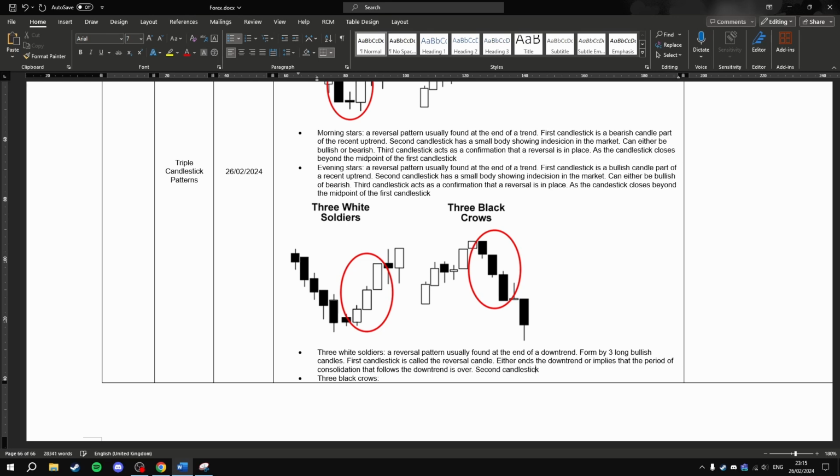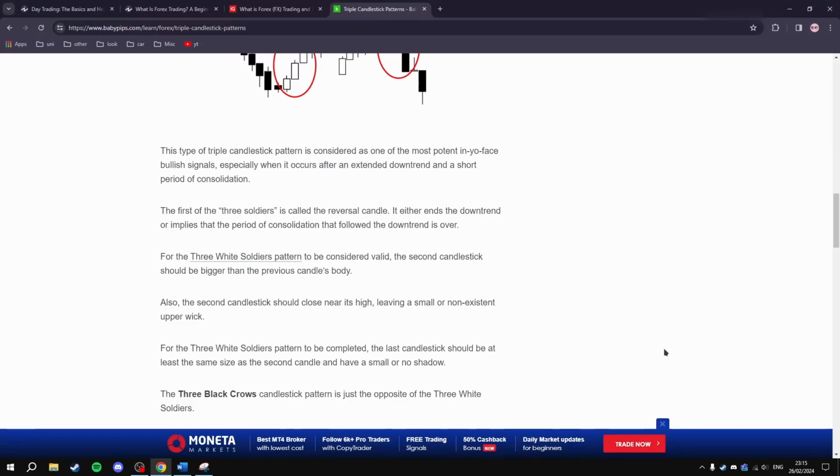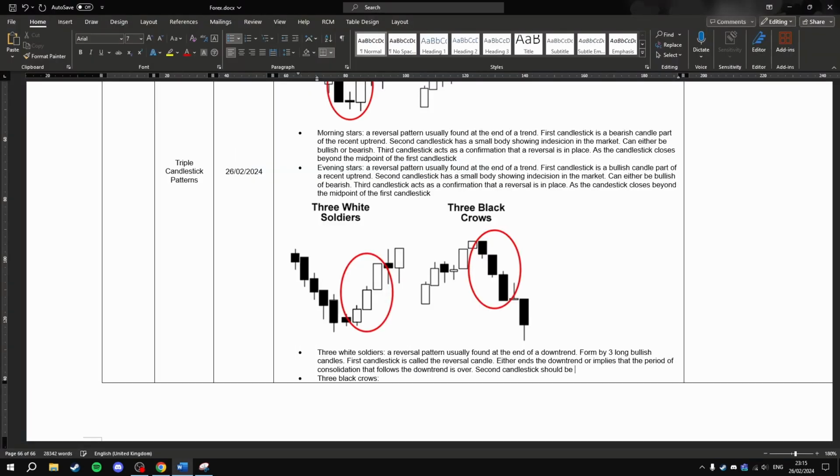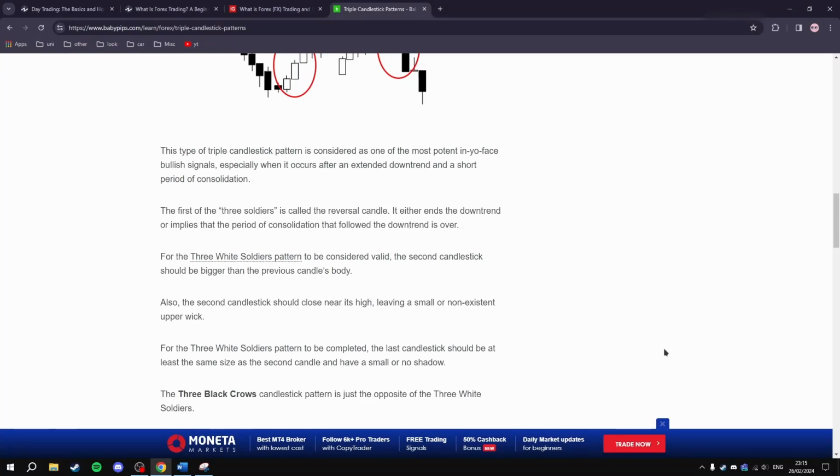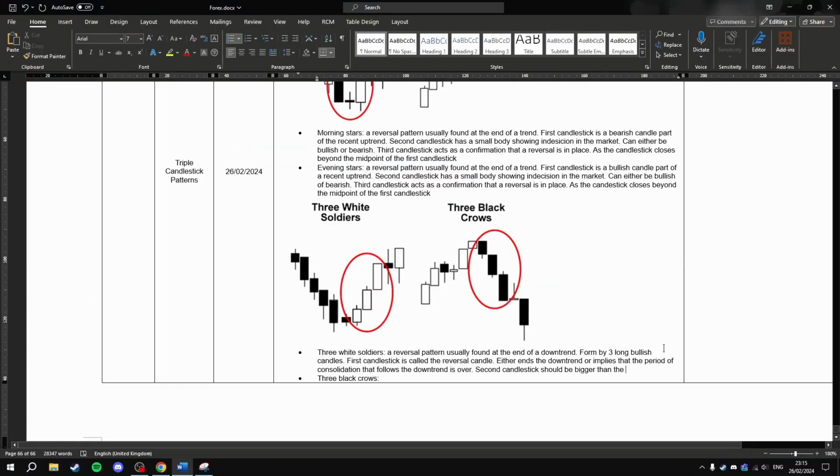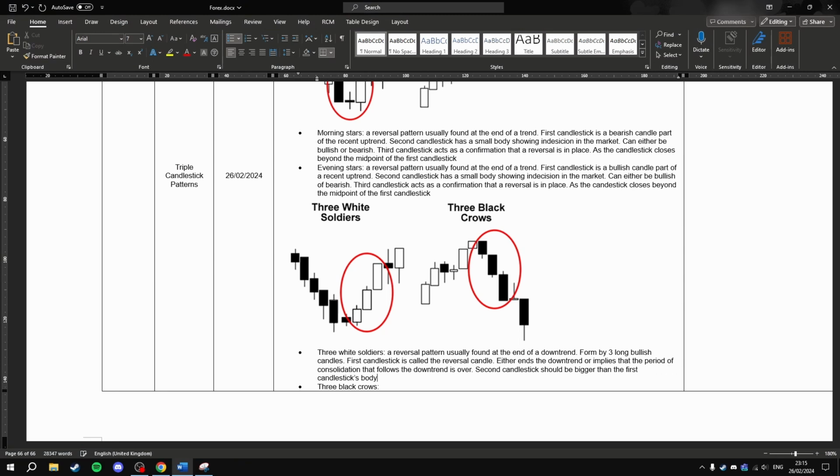The second candlestick should be bigger than the first candlestick's body.